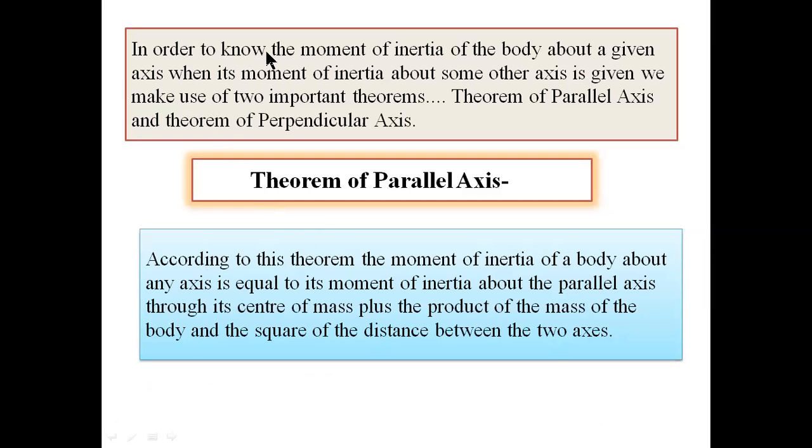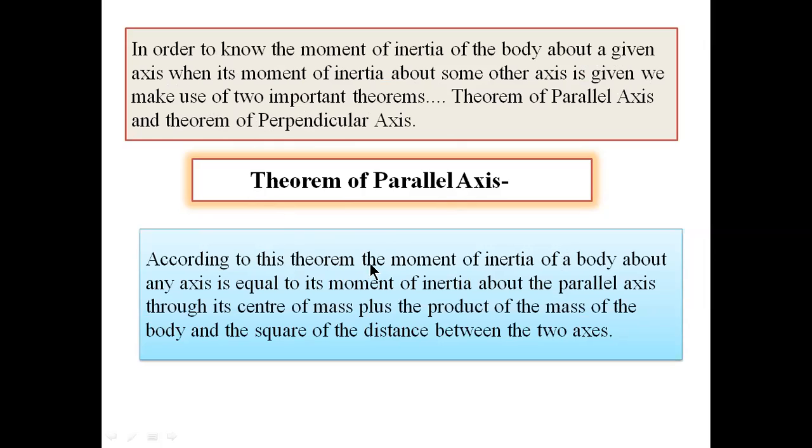In order to know the moment of inertia of the body about a given axis, when its moment of inertia about some other axis is given, we can make use of two important theorems. One is the parallel axis theorem and the other is the perpendicular axis theorem. So first we are describing the parallel axis theorem.